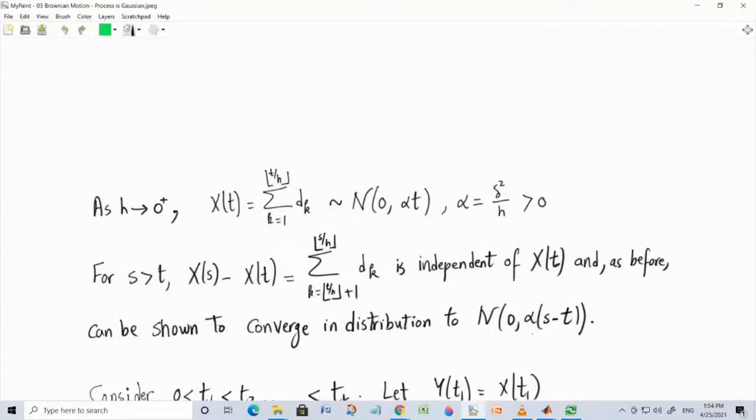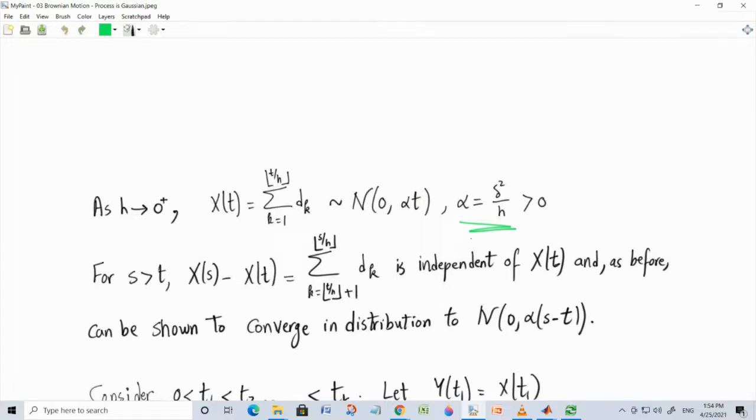So, you have a random process, x of t, and you discovered that for a particular choice of how the process is constructed, specifically by fixing delta squared over h to be the positive constant alpha, while we are taking the limit of h and delta going to 0, then x of t turns out to be Gaussian.